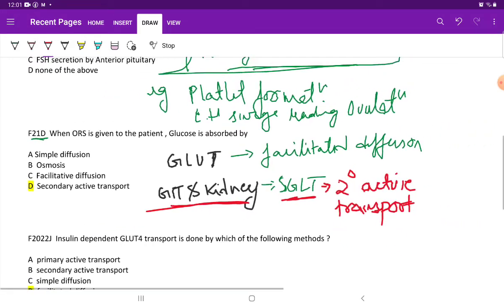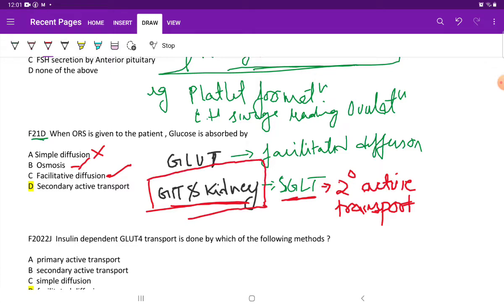So it's not simple diffusion, it is not osmosis. Facilitated diffusion could be the answer if the question did not mention GIT or kidney. As ORS is given, it will be absorbed in our GIT, the gut itself, so we have to keep this in mind.